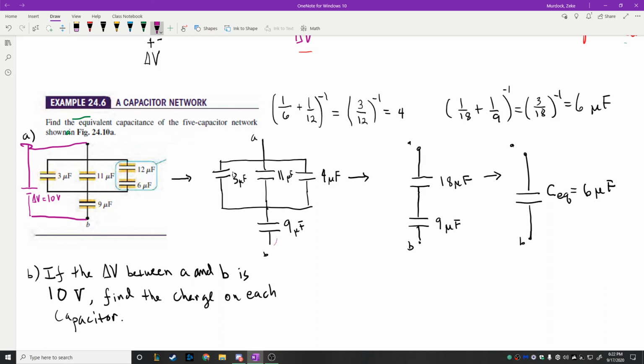So the way that we go about this is you start from the end. You write out all these steps that we just did, and we're going to go backwards. If this is subjected to a delta V equal to 10 volts, and it then carries some charge that we call Q, what would Q be equal to?